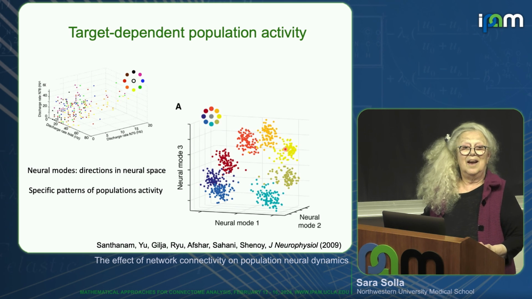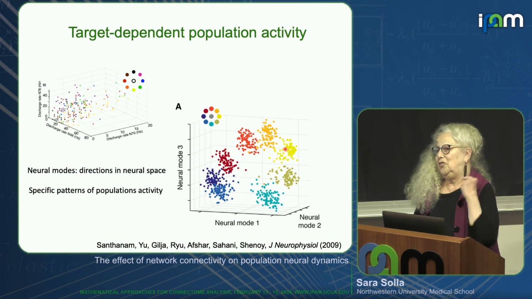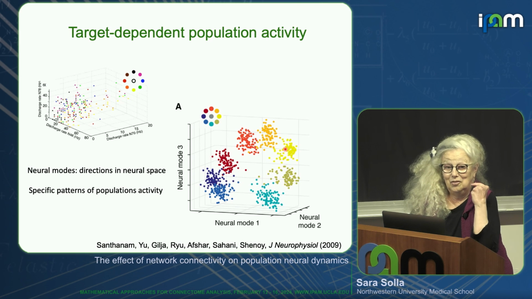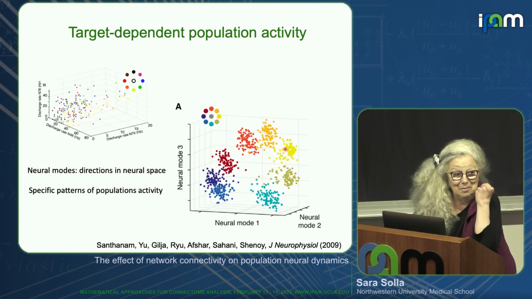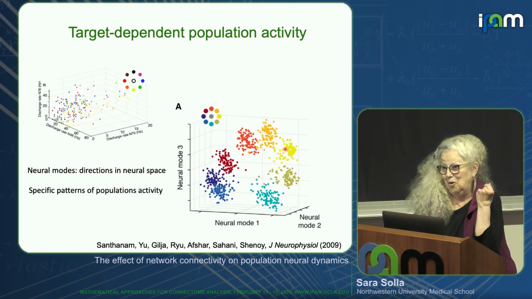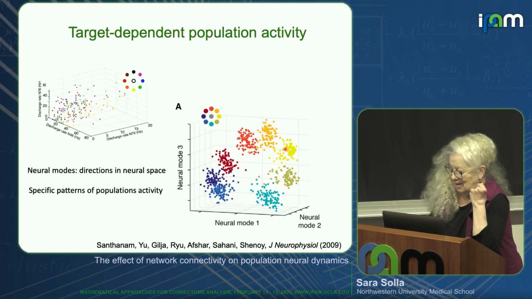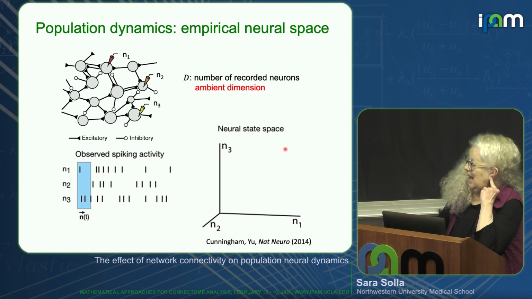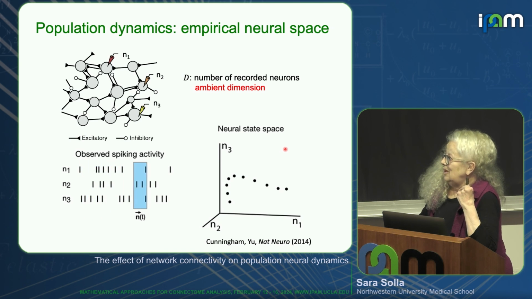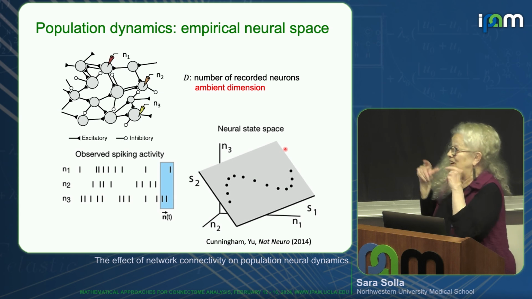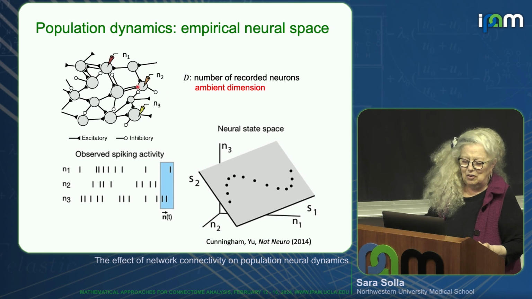Well, this low dimensionality is a persistent feature of cortex. This is the second important message that I want you to take home. It appears everywhere in cortex. There is a very beautiful paper from Cunningham and Yu, where they said that they have this very large neural network. I have relatively few electrodes.